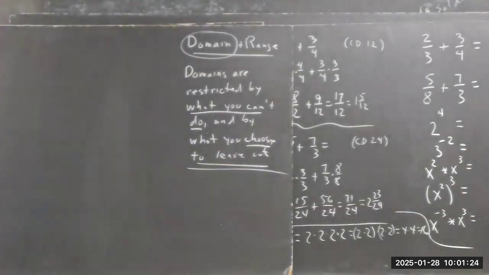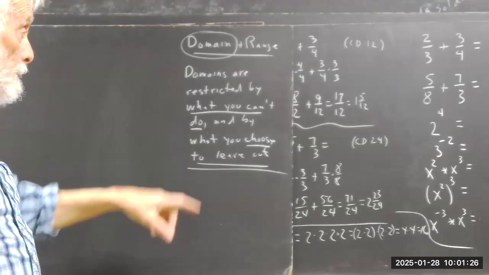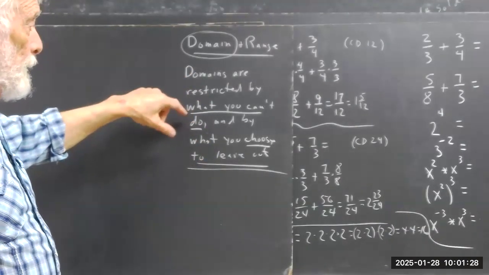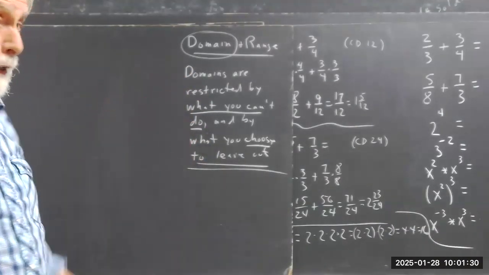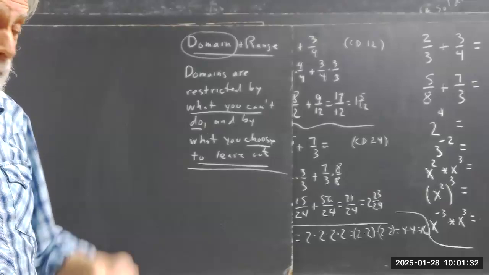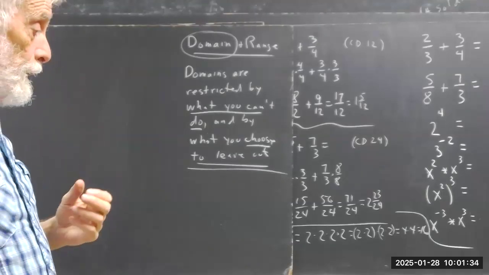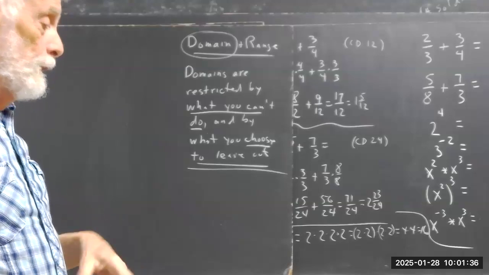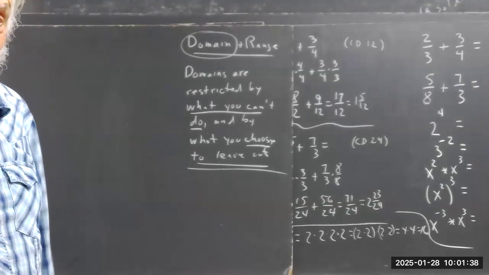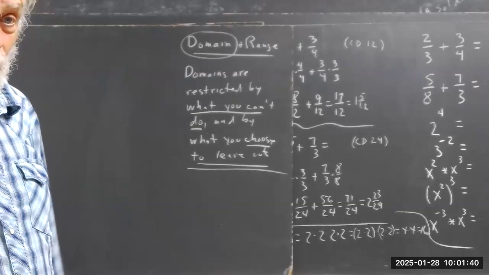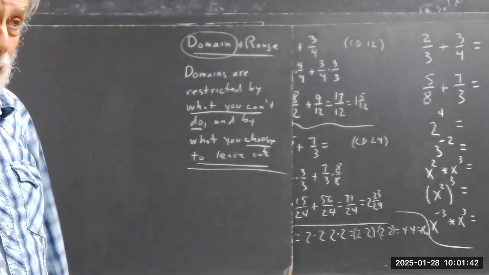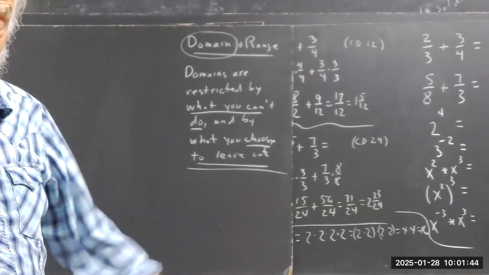Two things with the domain. The domain has to be restricted by what you can't do. So if I ask you to divide by 0, you can't divide by 0. It's undefined. Does not exist.